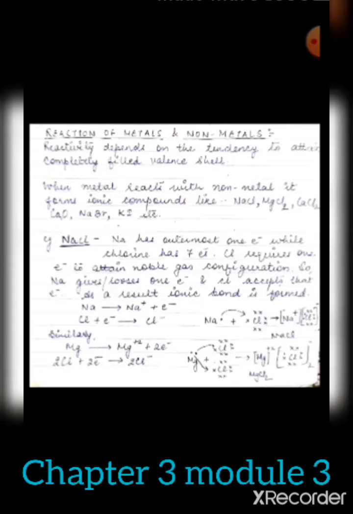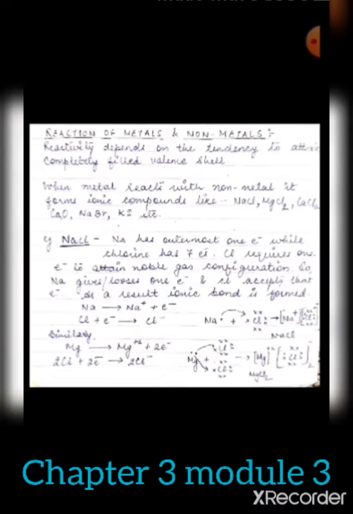In case of some of the elements like helium, lithium, hydrogen, these small elements complete their duplet, whereas others complete octet, and they acquire stable noble gas configuration. So they combine with each other.